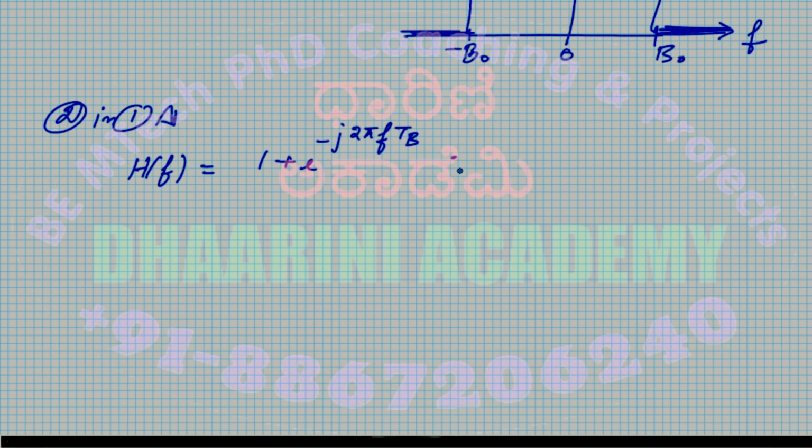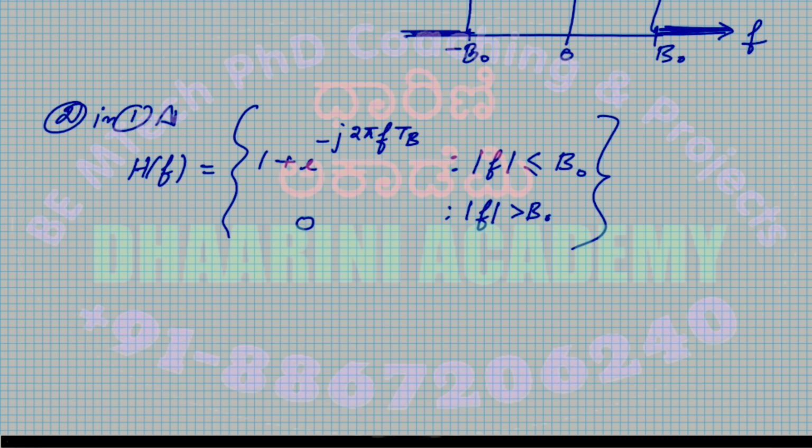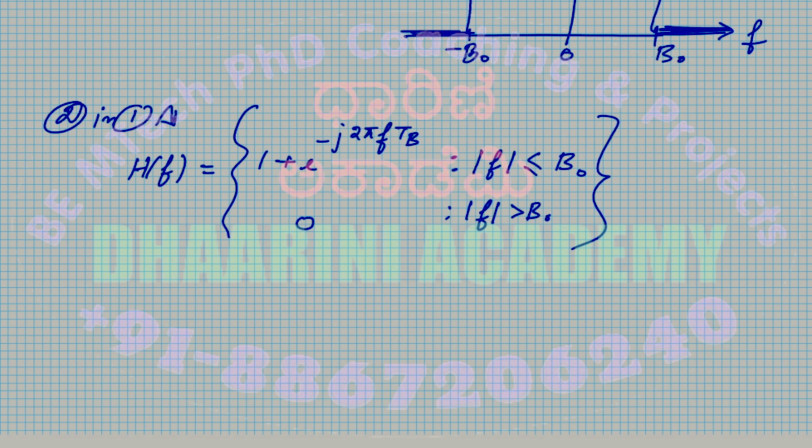This is when the magnitude of the frequency is less than or equal to B naught, in a sense within the band. And whenever the magnitude of f is greater than B naught, Hc is 0, so 0 into that term leads to 0.